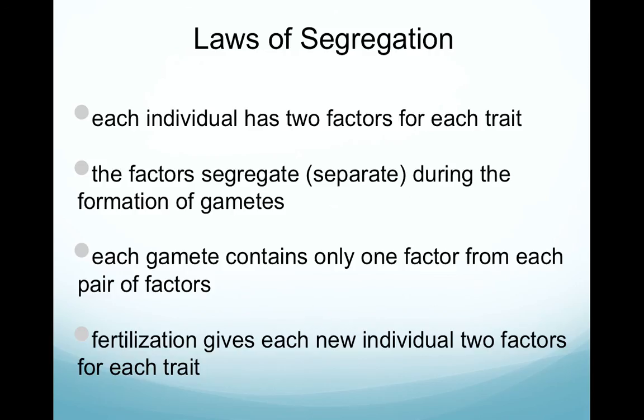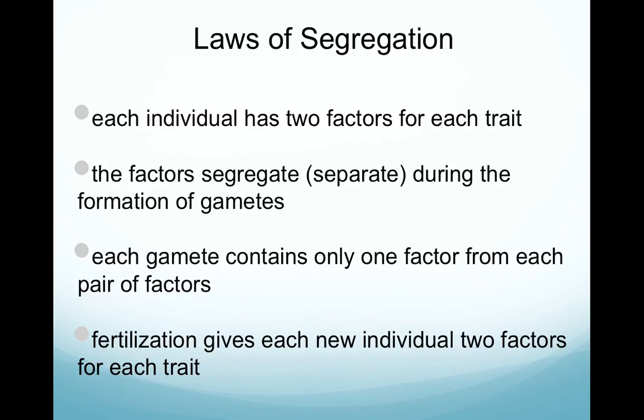You have a pair of chromosomes that carries alternate versions of a specific gene. These alternate versions are called alleles, and those chromosomes will separate during meiosis and go into different gametes, so that each gamete has only one allele for a trait. When two gametes come together, the new fertilized zygote has two alleles for each characteristic, one from each parental gamete.